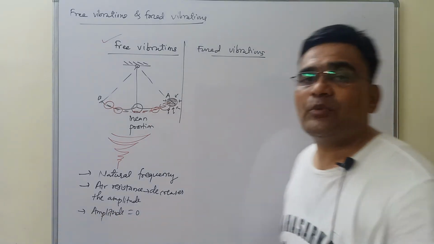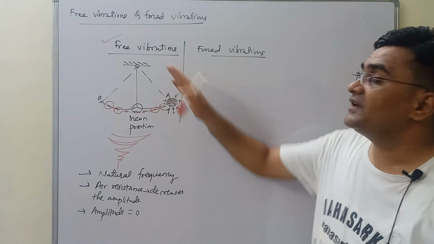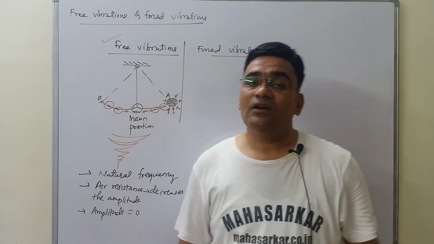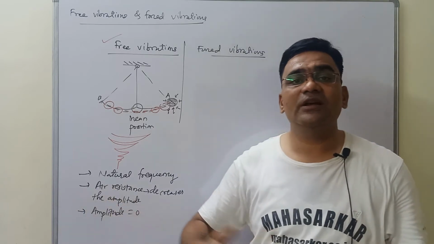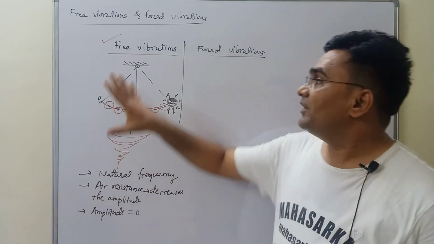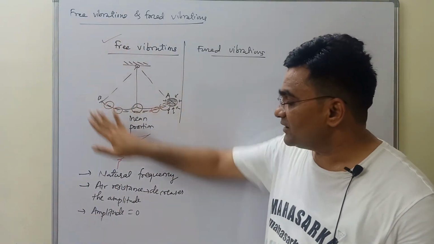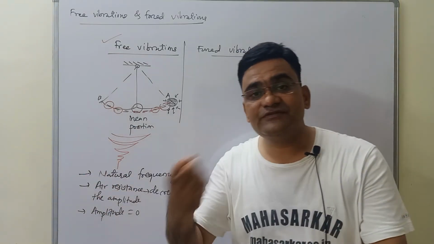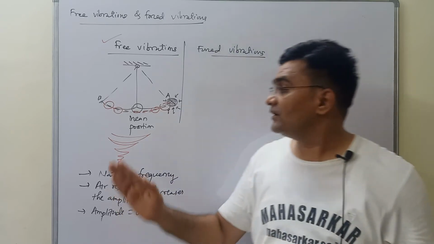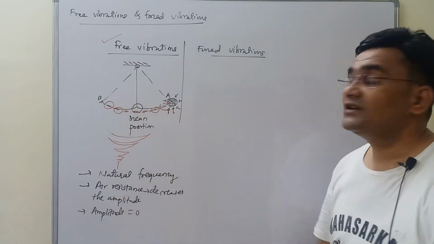Zero. This type of vibration is called what? Free vibration. There are several examples of free vibration that you can consider in day to day routine. When we discuss free vibration, we have to discuss these important parameters. Air resistance is the important factor behind decreasing the amplitude of vibration.